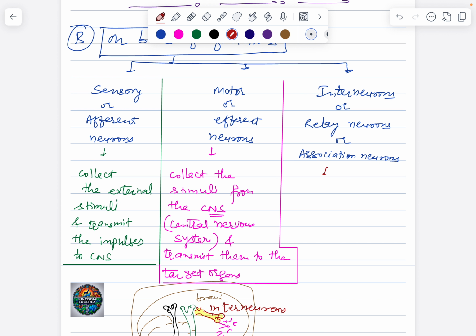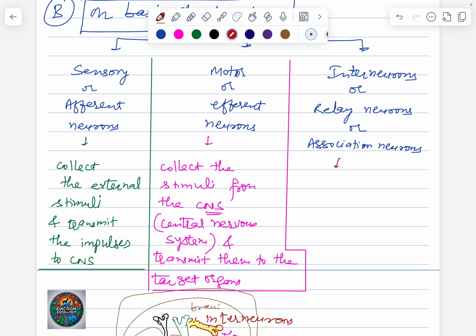Interneurons, or association or relay neurons: neurons that actually help in neurons which are present in the brain to help the sensory and motor neurons communicate with each other.